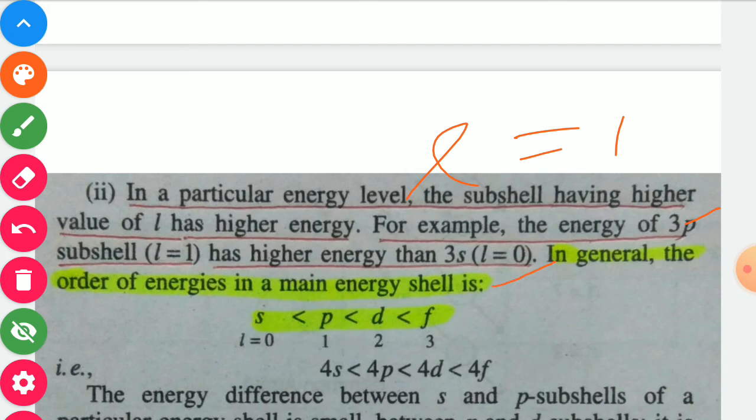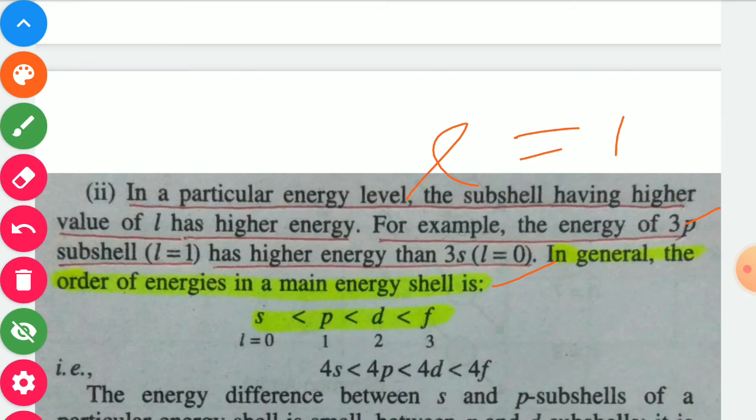In the case of 3p, the p subcell means L value 1, and in the case of 3s, the s subcell means L value 0. So 3p will have more energy as compared to 3s, because the subcell which has the higher value of L has more energy. So the energy of the 3p subcell is higher than the energy of the 3s subcell.